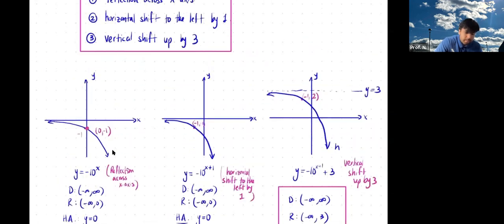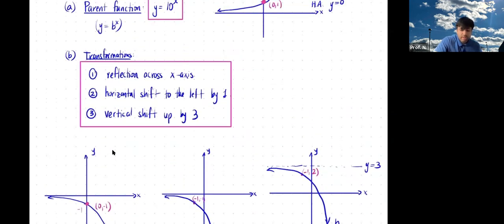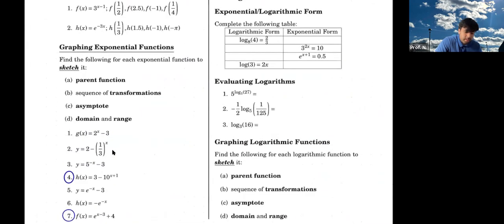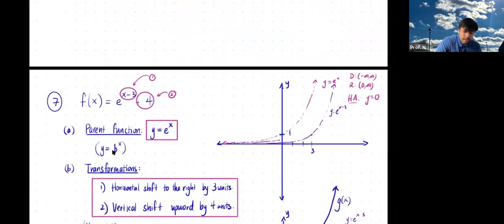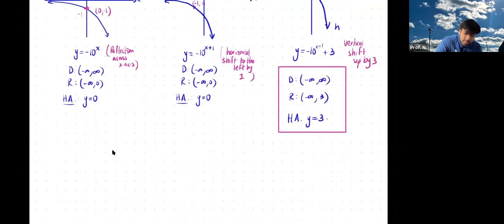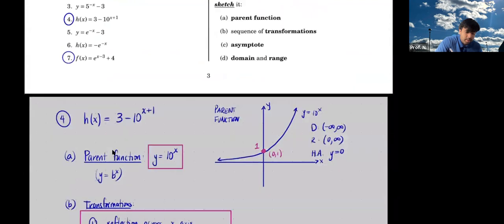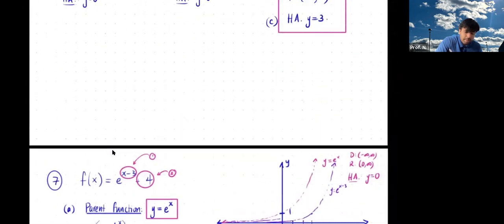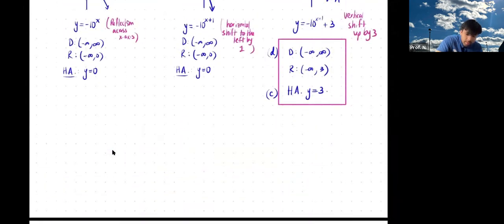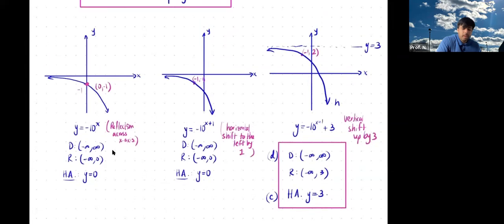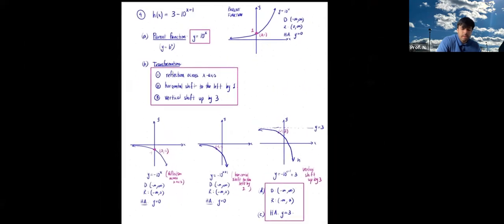And this is what? Part B, and part C was what? Part C was asymptote. I got the asymptote already. So the asymptote here is part C, and then part D was the domain and range, right? So I got part C and part D at the same time. Okay, so here we are. Voila.